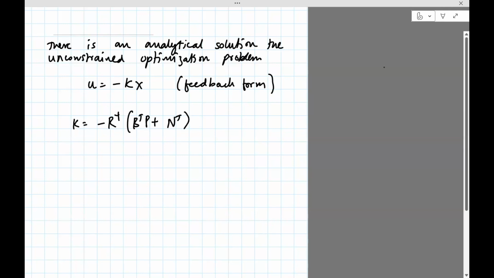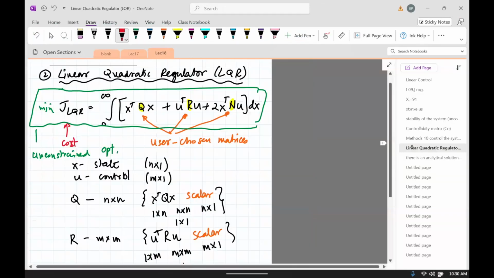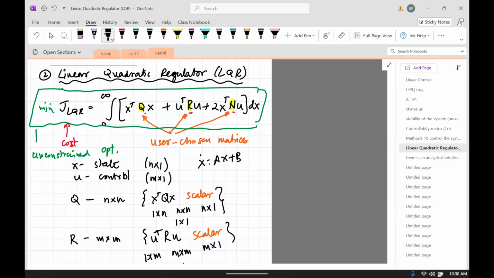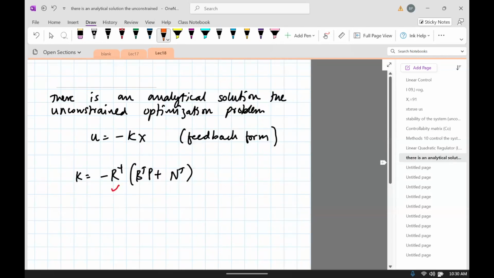Okay, so in this equation, R is known, something which you specify. You specify R, you specify Q, you specify N. X dot equals AX plus BU is given. That's the system which we know. So A is known, B is known, N is known. So P is the unknown. What is P?